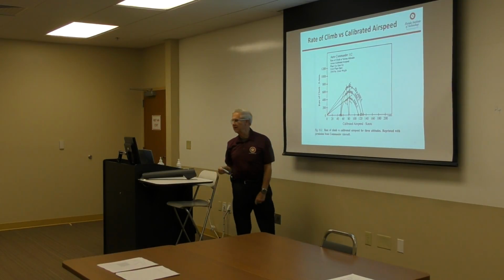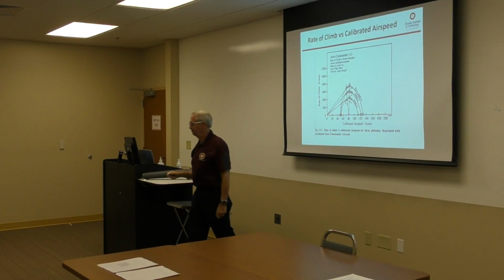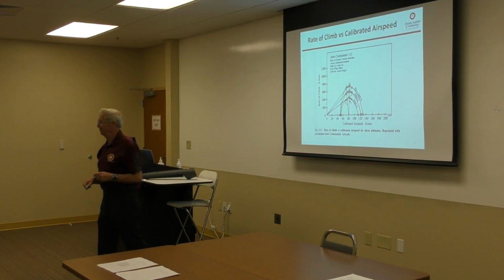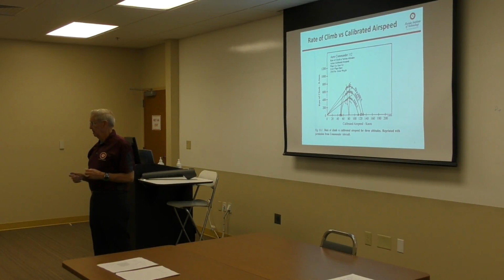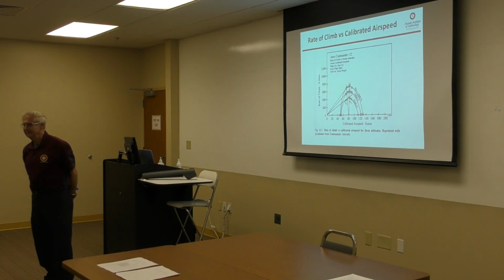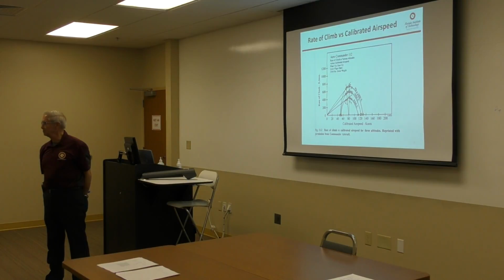When would you use best angle of climb? Obstacle departure. Got a tree at the end of the runway. Do you want to use best rate of climb or best angle of climb? You want to use best angle of climb, right? So that's why we get that number, to be able to clear an obstacle.